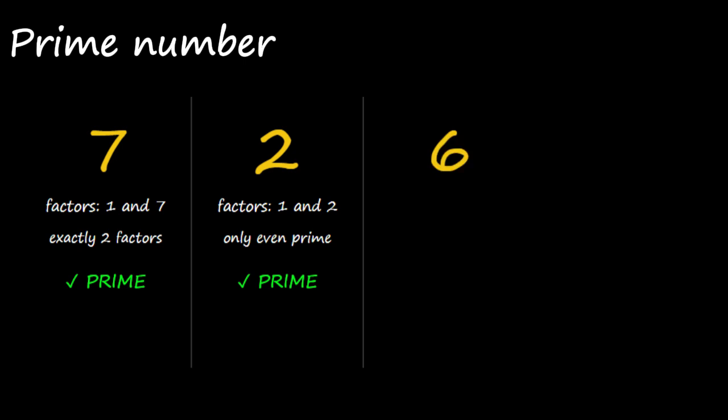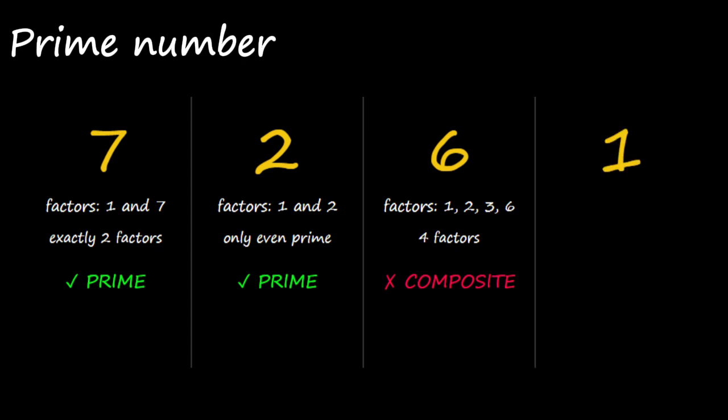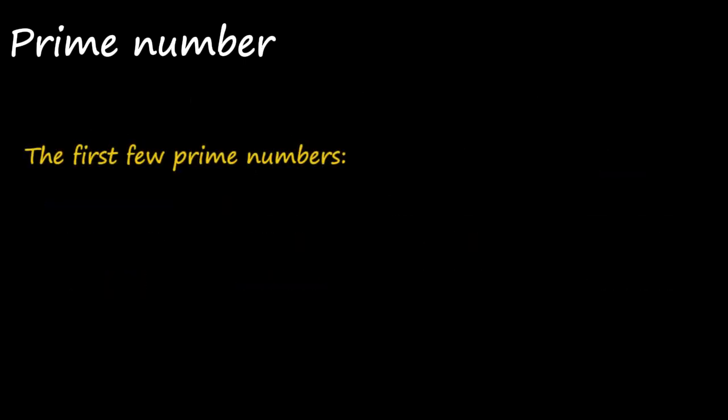The number 6, its factors are 1, 2, 3, and 6. That is 4 factors, not 2. So 6 is not prime. We call it composite. And the number 1, it only has one factor, which is itself. So 1 is neither prime nor composite. It is a special case. The first few prime numbers are 2, 3, 5, 7, 11, 13, 17, 19, 23, and so on.